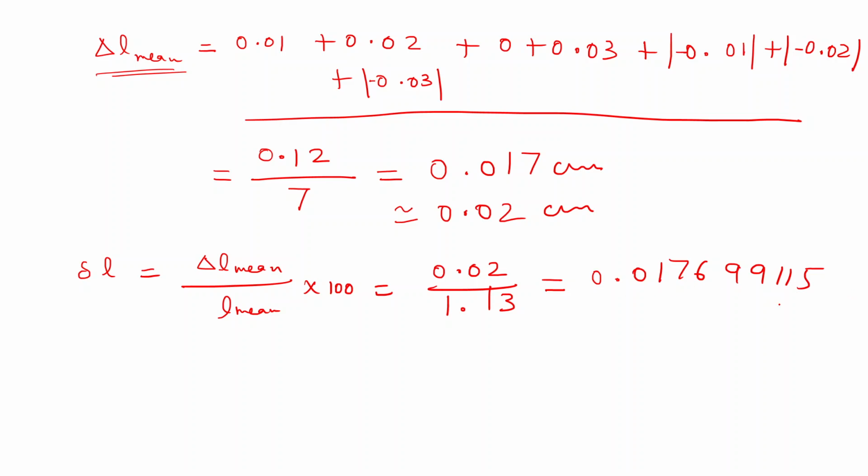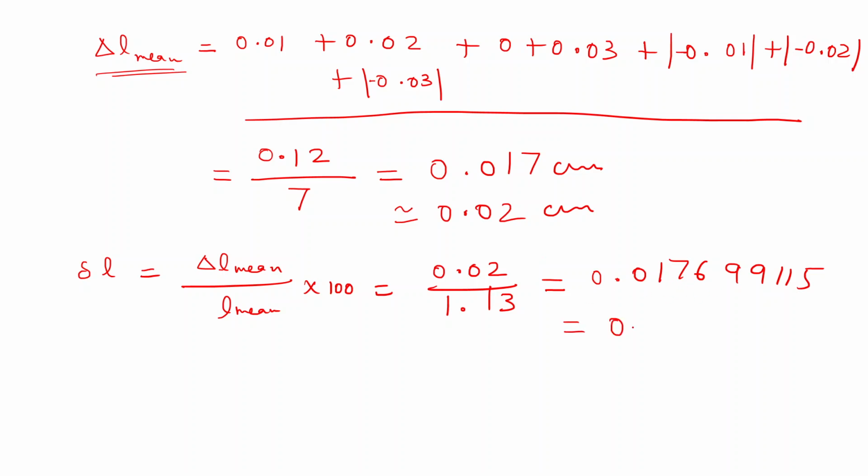It's giving this many decimal digits, but we have to keep in mind that if you go with this rule, you have to consider only the minimum number of significant figures. Here the minimum number of significant figures is 1. So you will round it off.